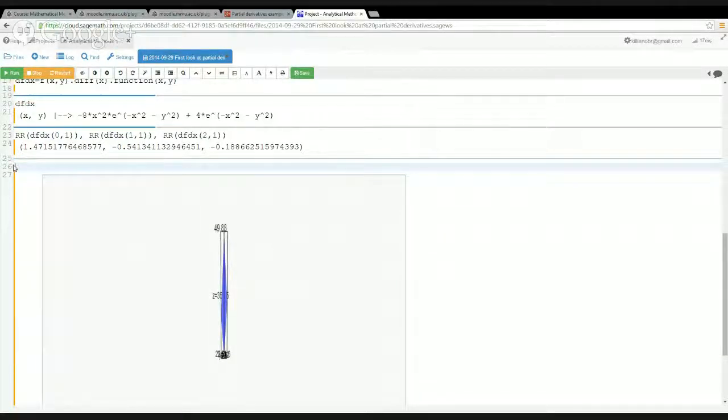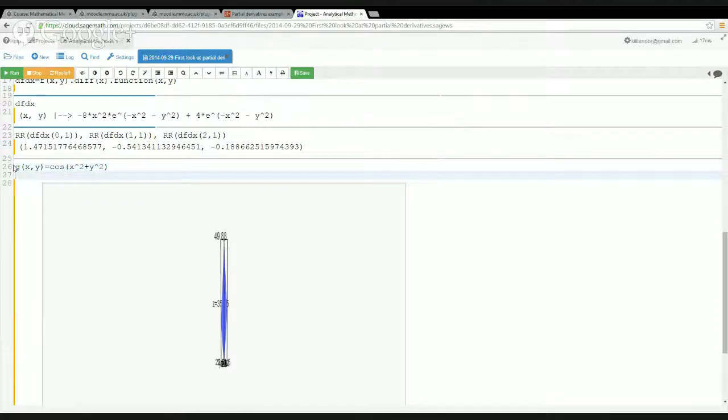So what do I want to do? I just want to plot the surface of this function, see what it looks like. So I'll define g(x,y), cosine of x squared plus y squared. And then just want to plot 3D cosine of x squared plus y squared. We need to give it an x range. So minus 30, 30.